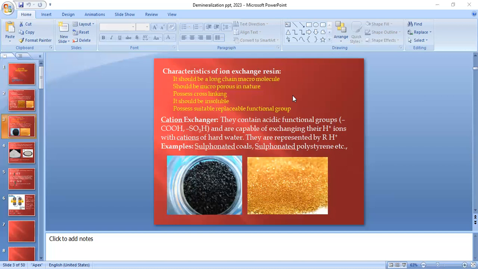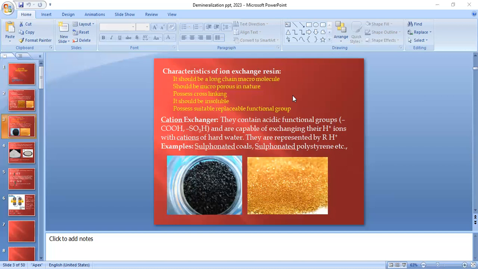The first one is they consist of acidic functional groups. That means they have replaceable hydrogen atoms. Thus, they are generally represented as RH2, otherwise RH+.